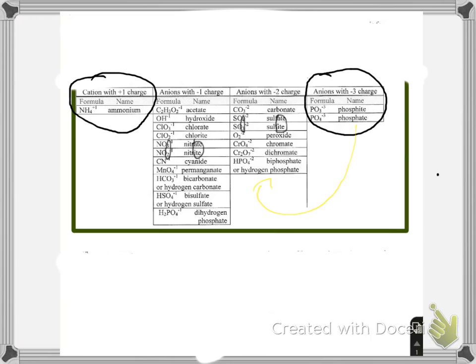You've got chlorate, chlorite, nitrate, nitrite, sulfate, sulfite, and that's it. So, with that, you've already conquered a further 6.